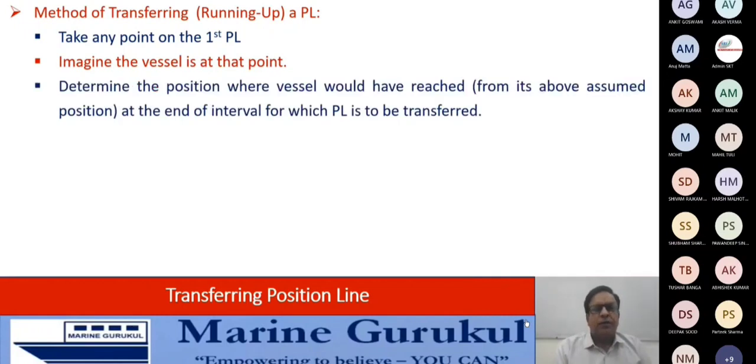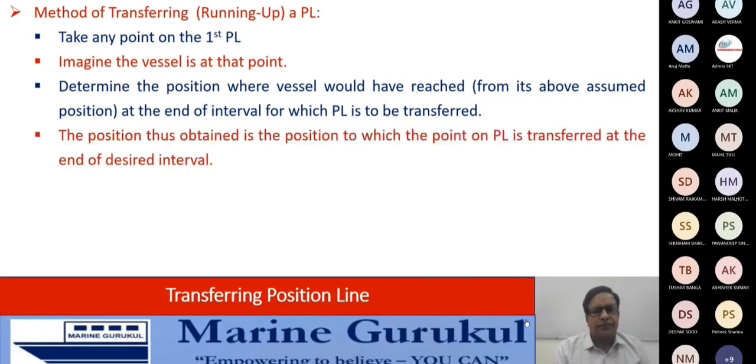Determine the position where the vessel would have reached from its assumed position at the end of the interval for which PL is being transferred. The position thus obtained is the position to which the assumed point on the PL is transferred at the end of the required interval.